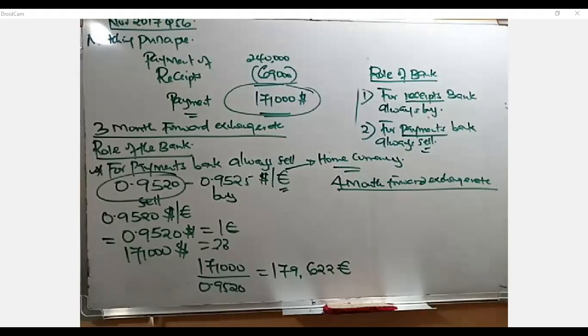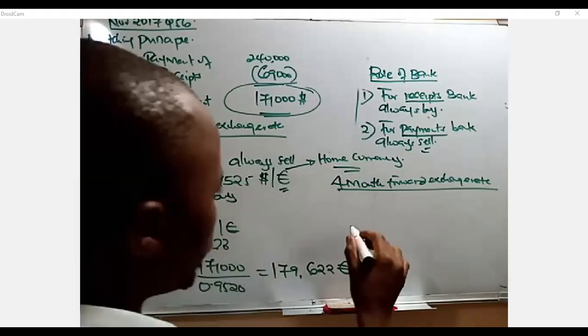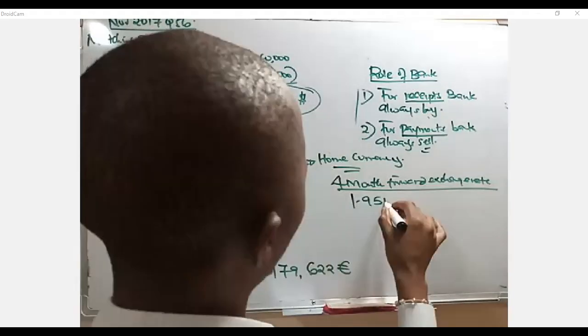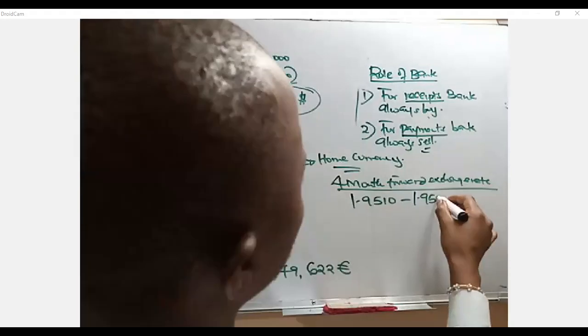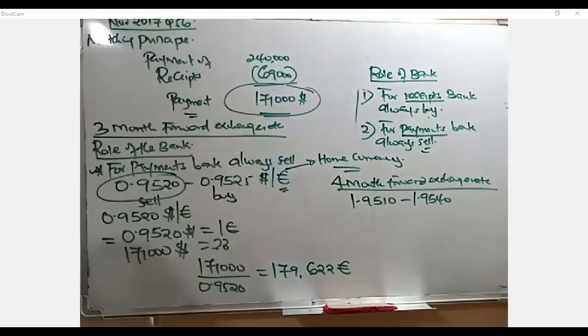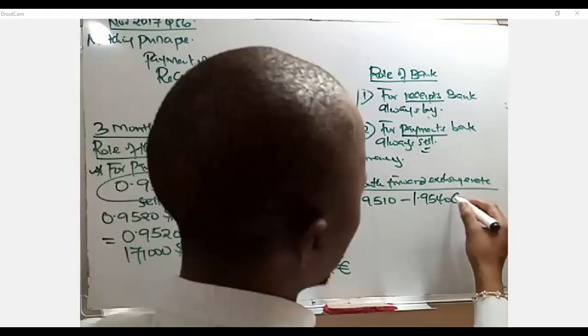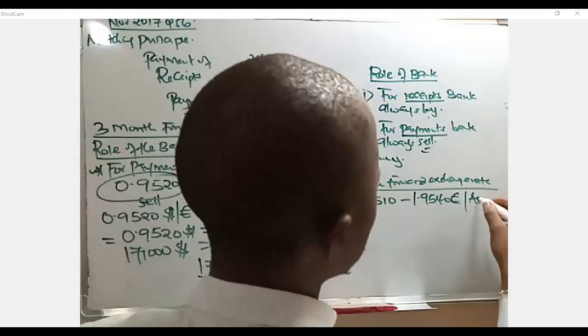And in this case, we are being given the exchange rate for the ASD, the 4-month exchange rate, 1.9510 to 1.9540, right? But looking at my currency above, it is arranged like this, euro per ASD.